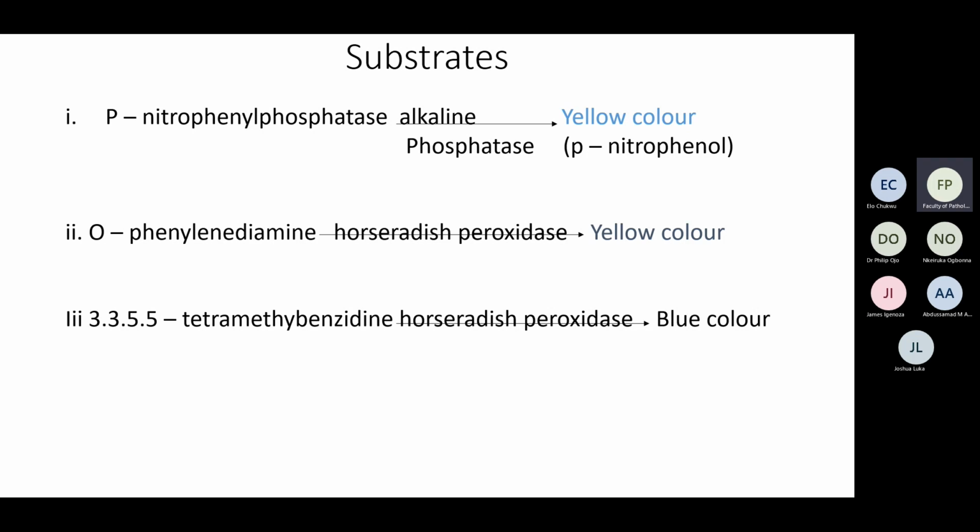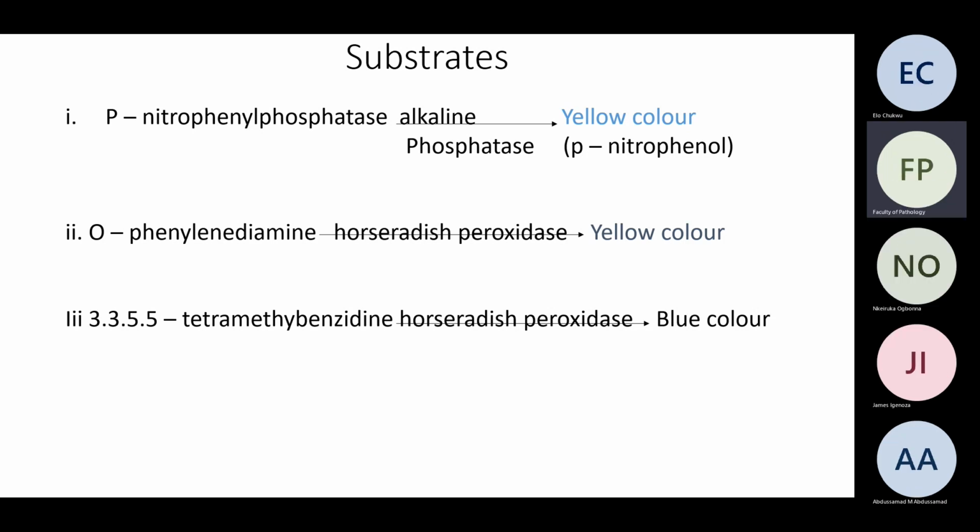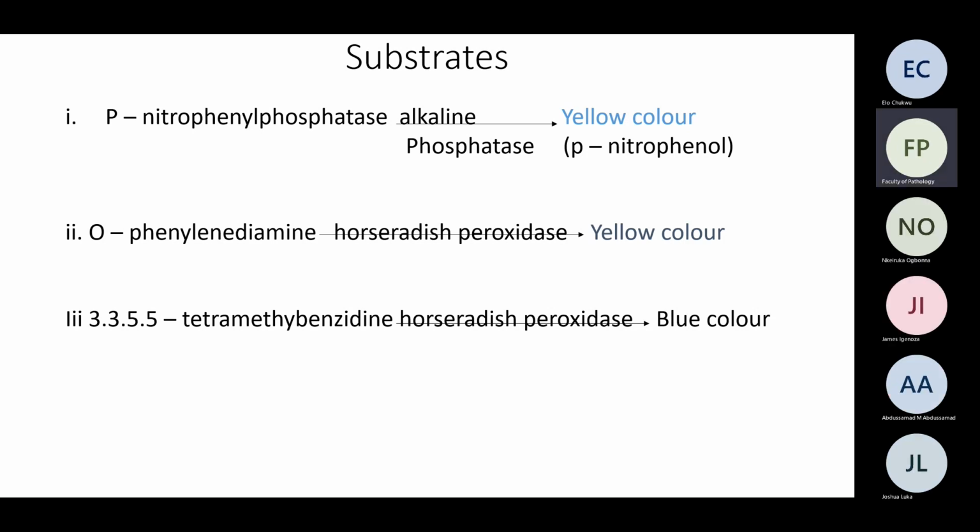So this alkaline phosphatase will change that substrate to become yellow in color.